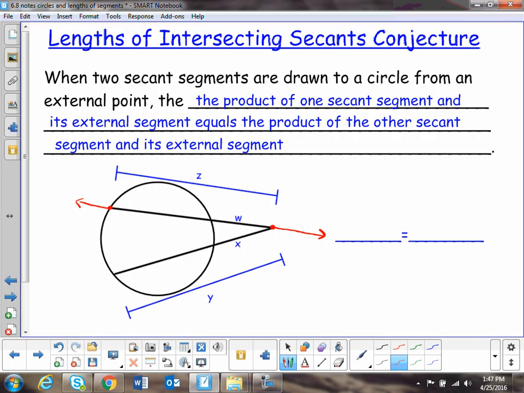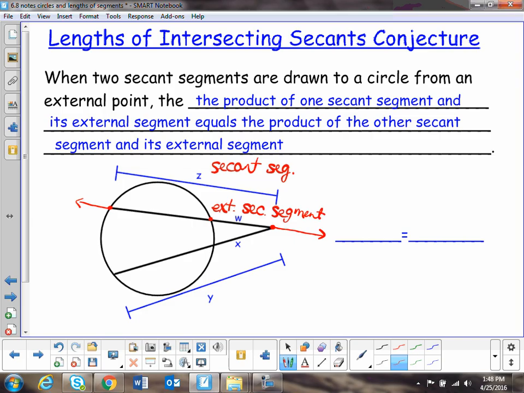V. Okay. There's another secant segment. This is the external part. The product of one secant segment and the external segment. W is being represented as the external one. So let's label this one as a secant segment, and W is the external secant segment.